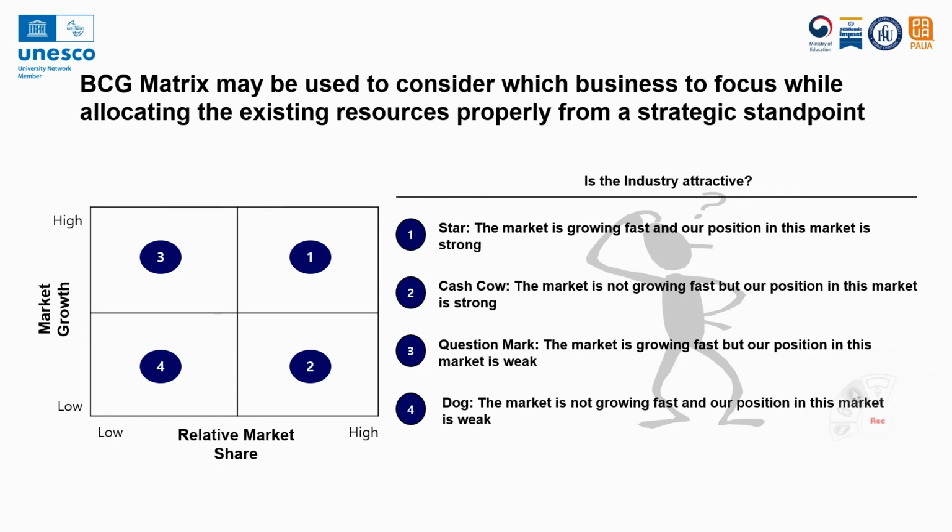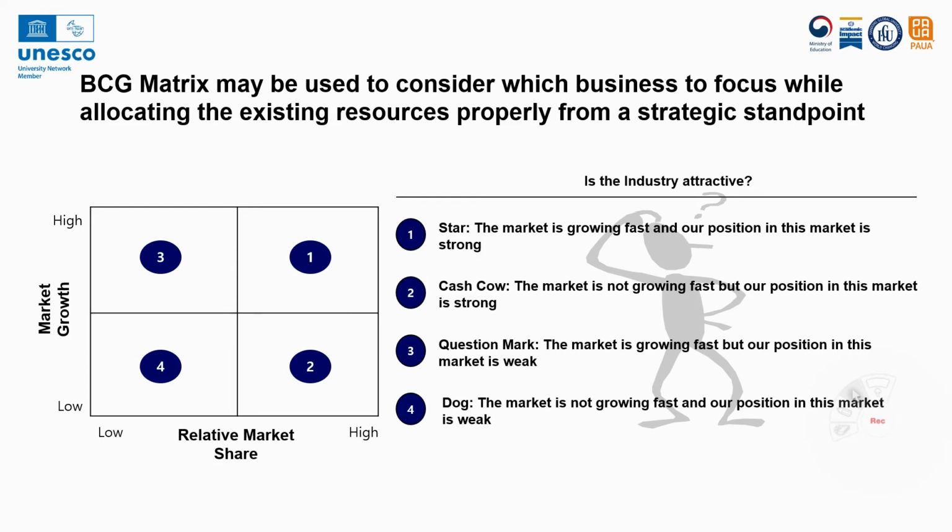If your business portfolio has 4 business sectors to invest in, you can assess whether to put your resources more or not based on the simple analysis of the BCG matrix.